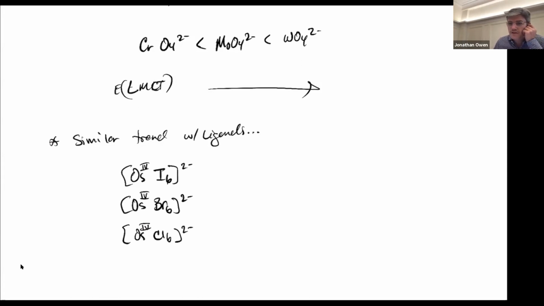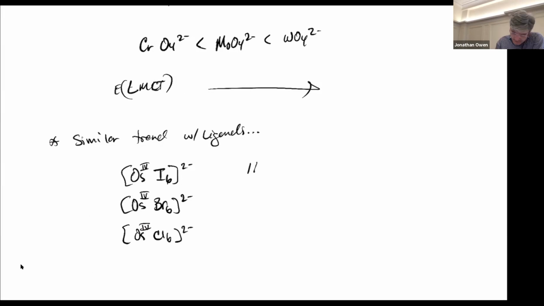Who's more easily reduced or oxidized? Which photon energy is going to be the smallest? Iodide is more easily oxidized than chloride because iodide is bigger. And so pulling the electron off of iodide takes less energy.